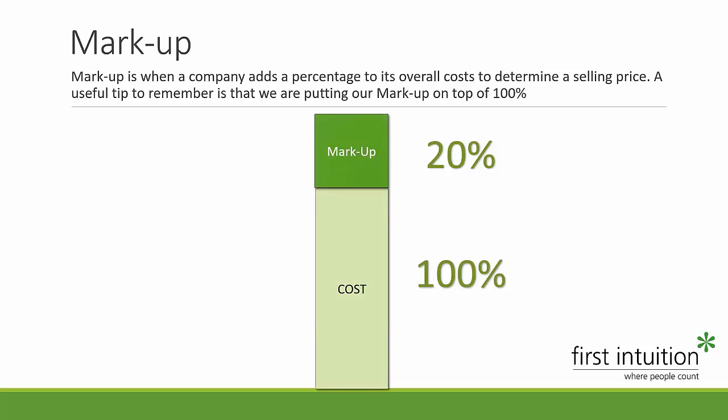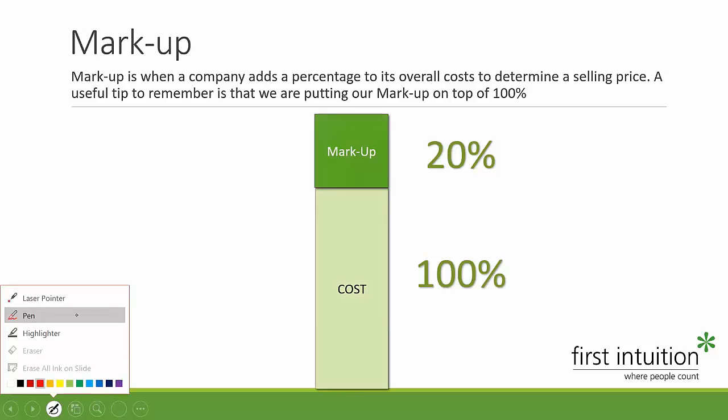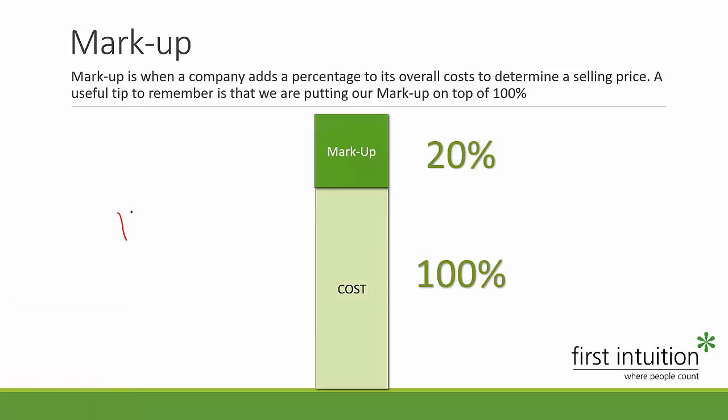We've got our overall cost of 100%, and then we put our markup on top of that. For this example, we're using the figure of 20%. To point out the obvious, combining these two together, we are looking at 120% between the two. The reason we express it like that is that when you come to see margin, you'll see how the two methods differ.